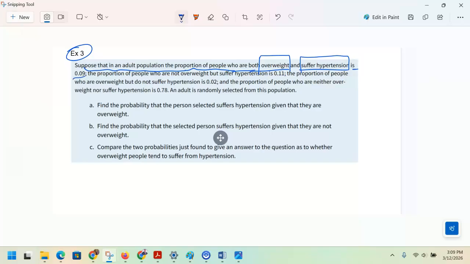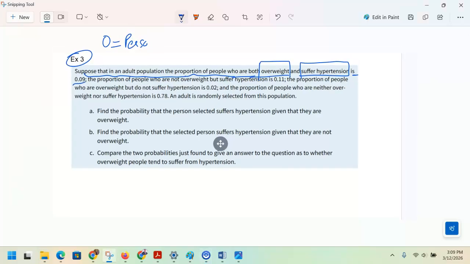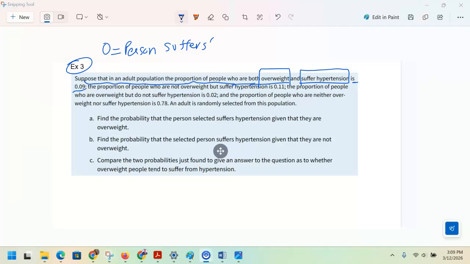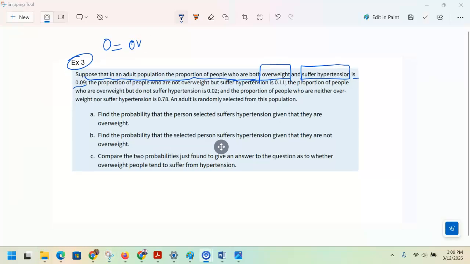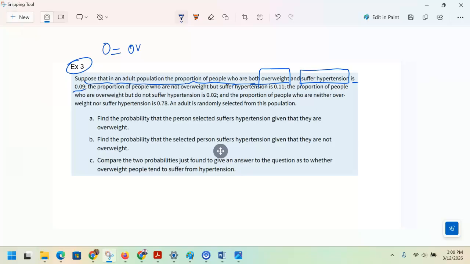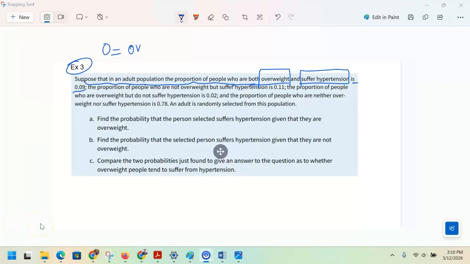Now, what that means is, let's write down O stands for a person selected is overweight, and H stands for a person selected is suffering from hypertension. So I'm using shortcuts here.